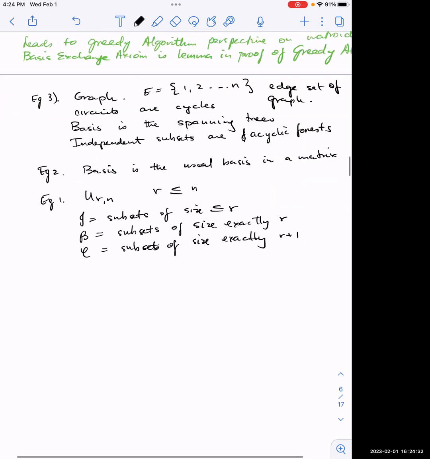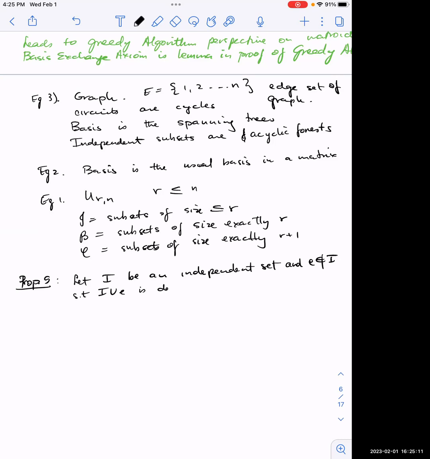Okay. So something very nice that I like to do right up front is the fundamental circuit. And you'll see in a few minutes why I want to do it. So let I be an independent set, and let E be something that's not in I, such that I union E is dependent.